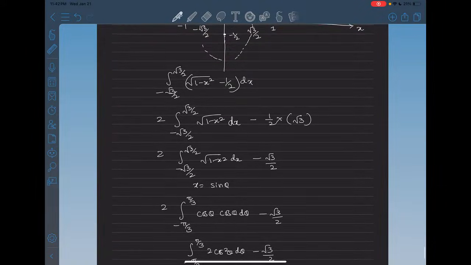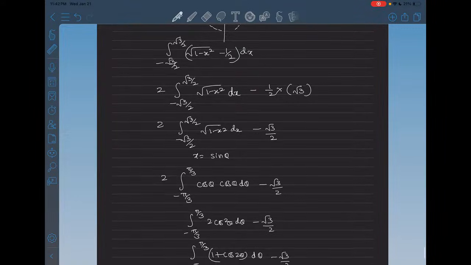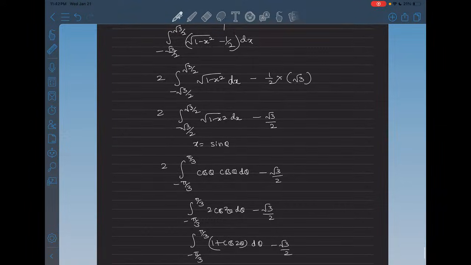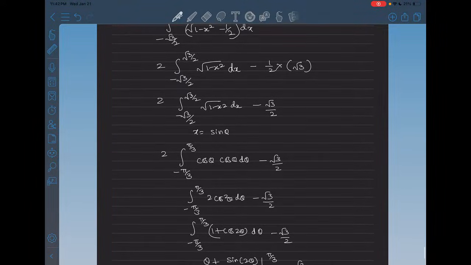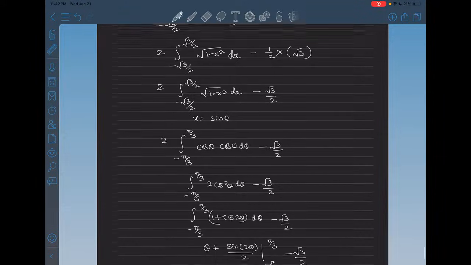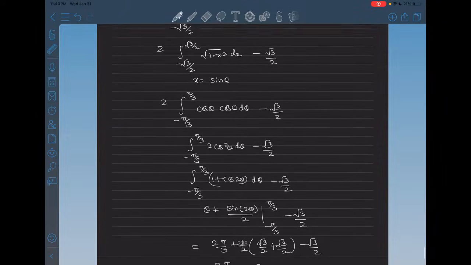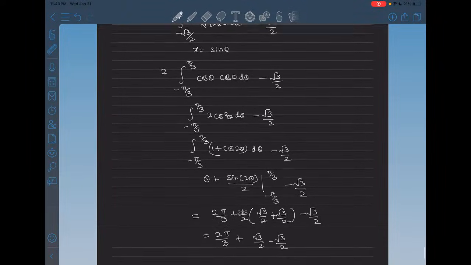I first separated that. Yeah, that looks good to me. And then I made a substitution. That also looks good to me. And then I used the trig formula.